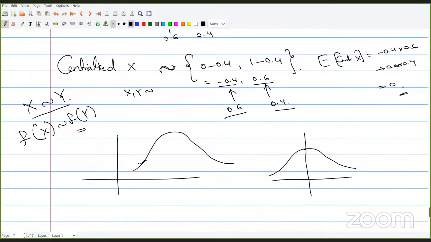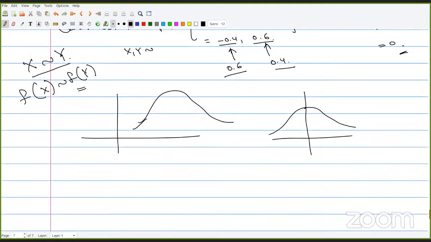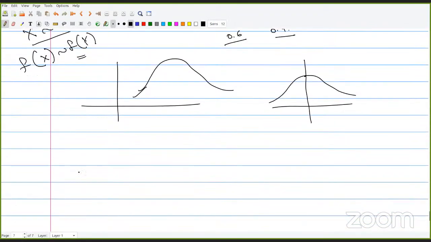Now, once we have centralized it, we can find the moment generating function, which is the expected value of e to the power lambda x. So what is this? x takes minus 0.4 once, and x takes 0.6 once.